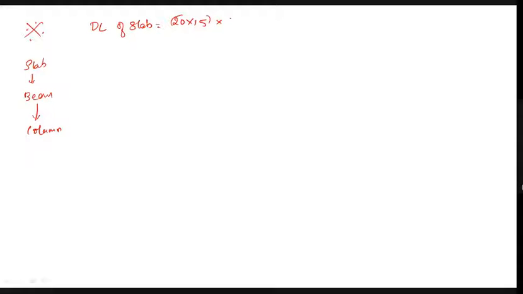And what is the thickness that he has given? He has given 150 mm, therefore 0.15, and we will consider the density as 25 kilonewton per meter cube. So the total dead load of this slab will be 1125 kilonewton, correct?